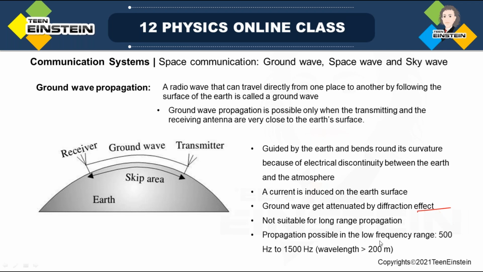Regarding the frequency range, frequencies of 500 hertz to 1500 hertz are suitable for this ground wave propagation. In terms of wavelengths, those greater than 200 meters are possible by this ground wave communication.